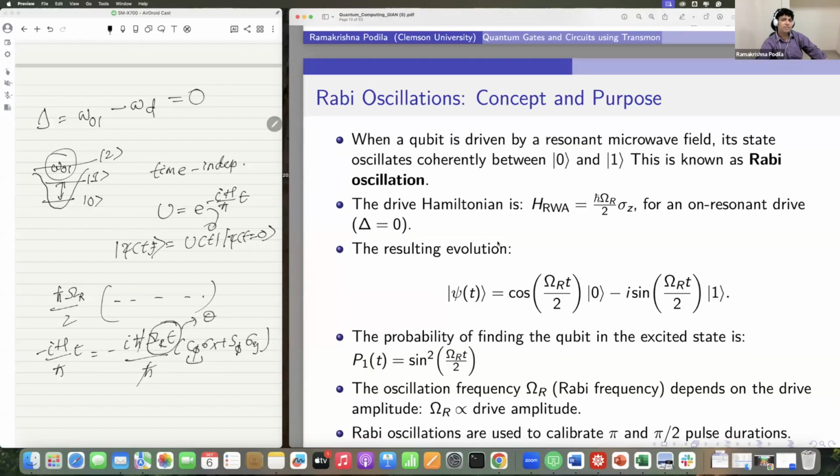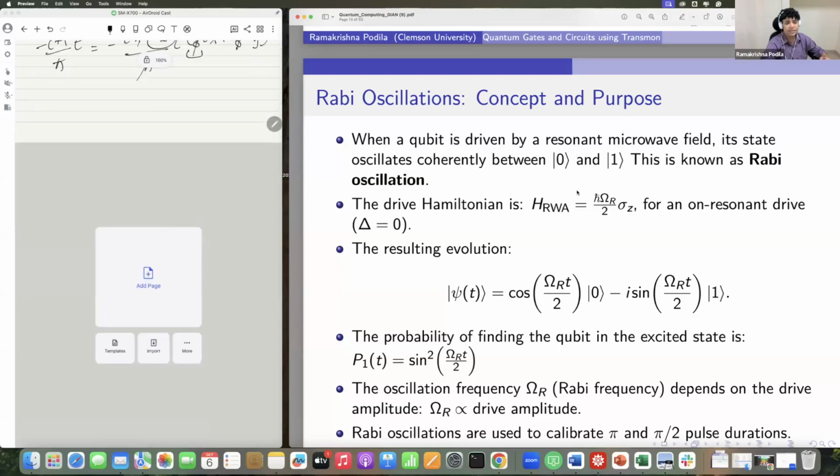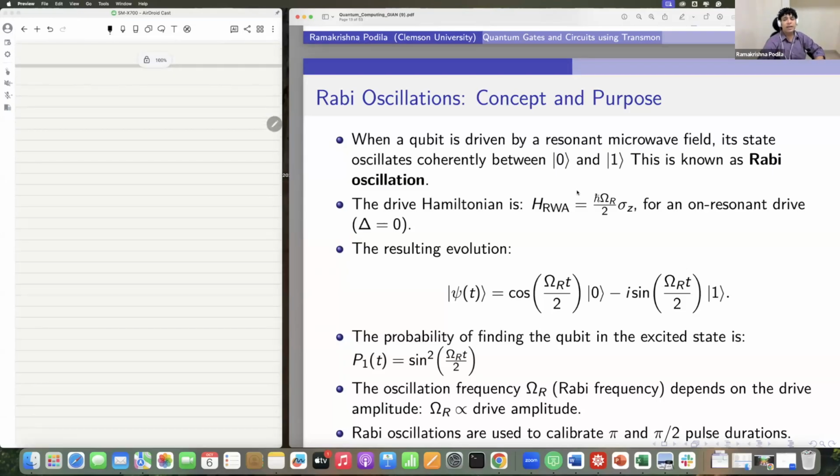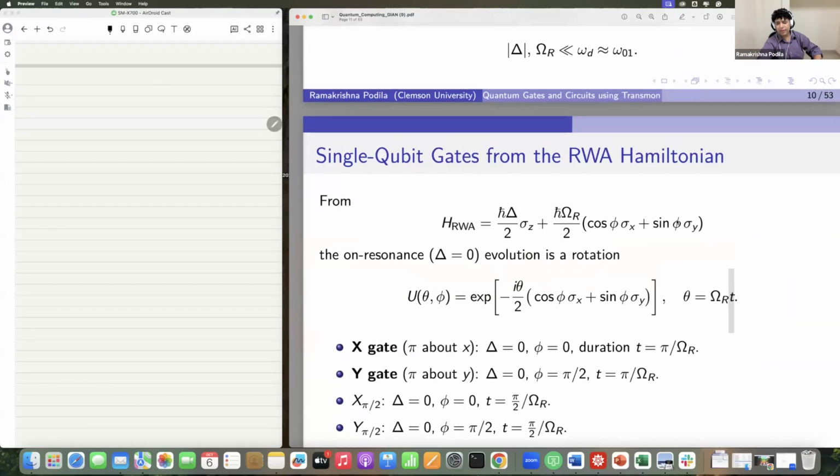When the qubit is driven by a resonant microwave field, it oscillates between the 0 and 1 states. That is what is called the Rabi oscillation. The Rabi oscillation Hamiltonian would be omega r sigma z, remember the Hamiltonian here.